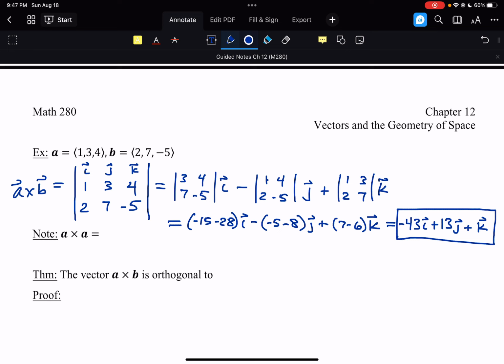You would get here 1, 4, 1, 4, and you would get 4 minus 4 is 0. 1, 3, 1, 3, you get 3 minus 3 is 0. So any vector crossed with itself produces the 0 vector.